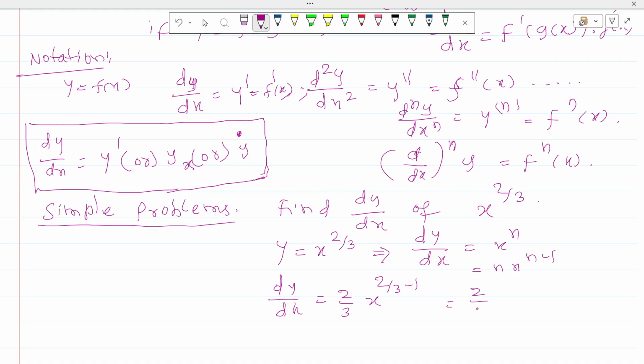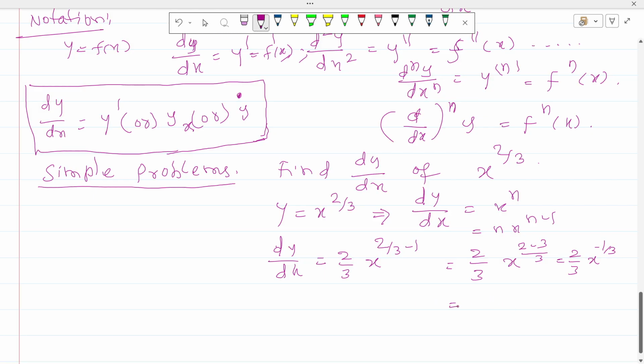That means 2 by 3 x power 2 minus 3 by 3, that means 2 by 3 x power minus 1 by 3.